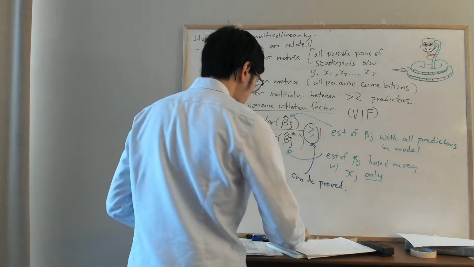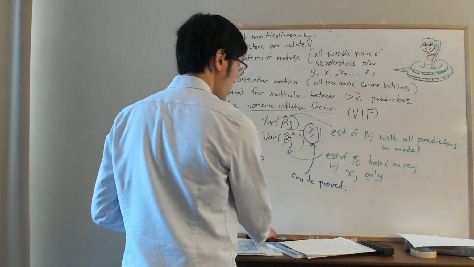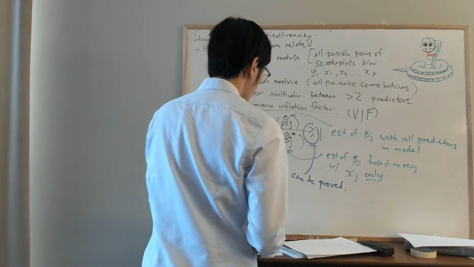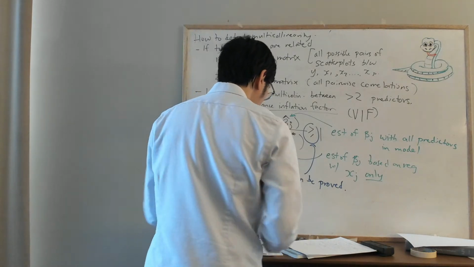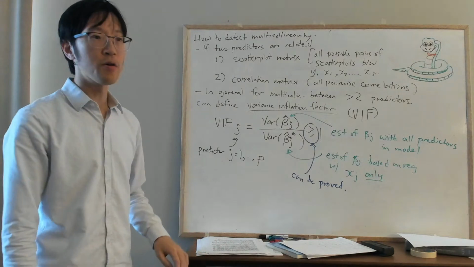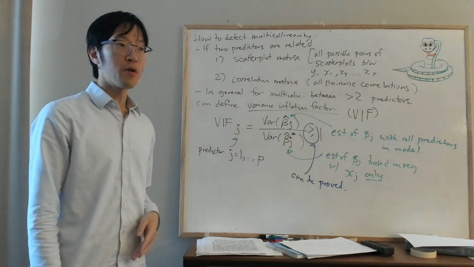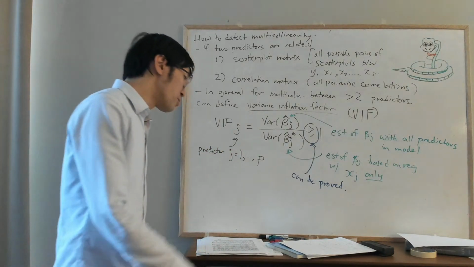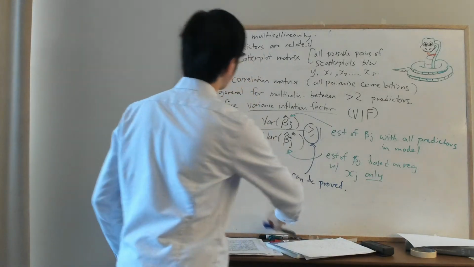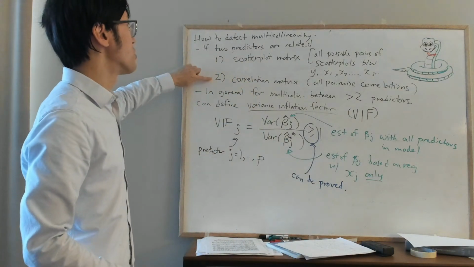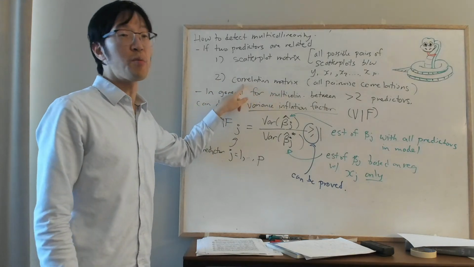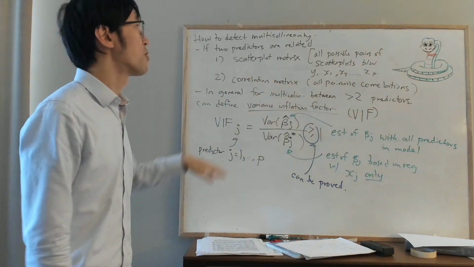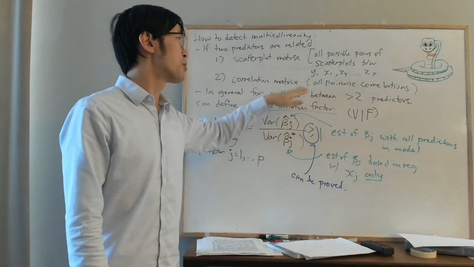In practice, another way we can look at the calculation is in terms of a familiar concept called R squared. Notice that the correlation matrix gives us the sample correlations, R as we usually call it, between all pairs.